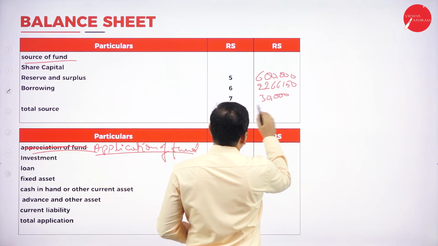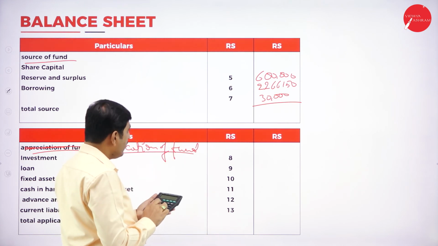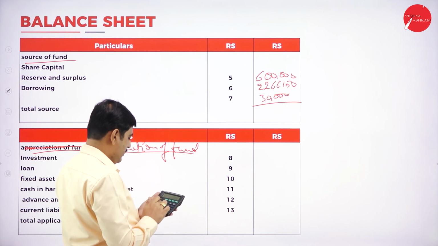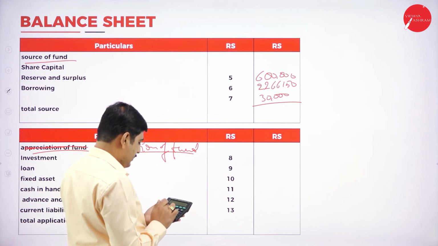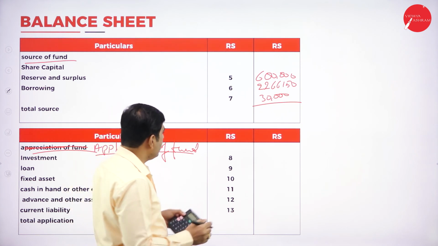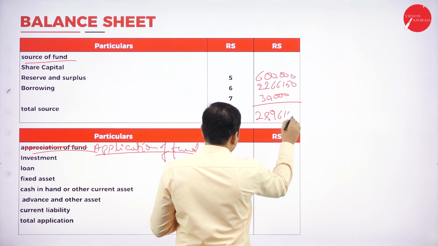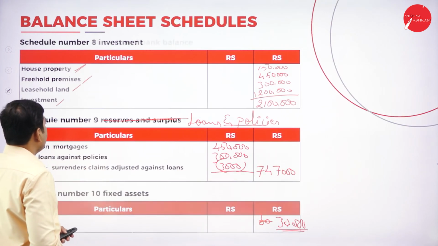Total it: 6 lakh plus 22 lakh 66,150 plus 30,000. Now the total is 28 lakh 96,150. Coming to the application of fund, first one investment, schedule number 8.